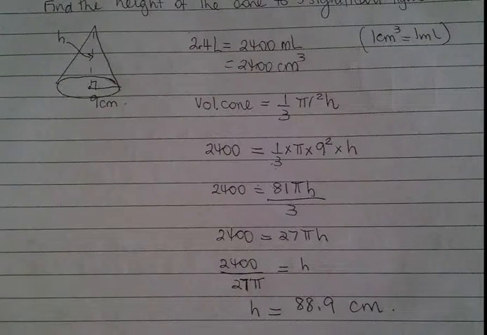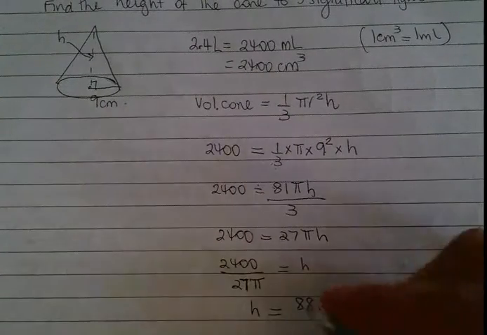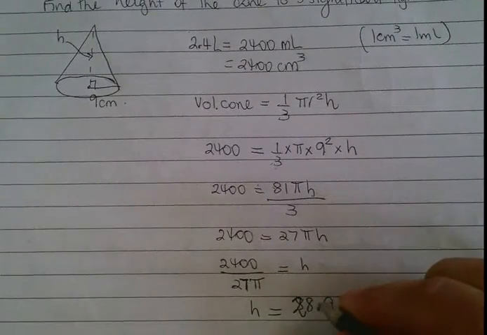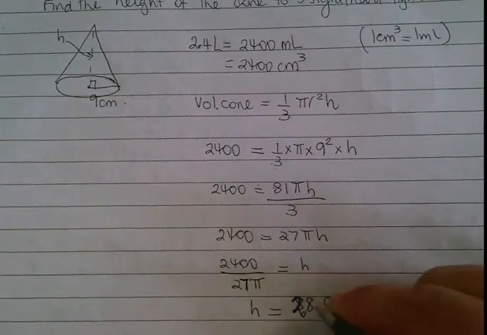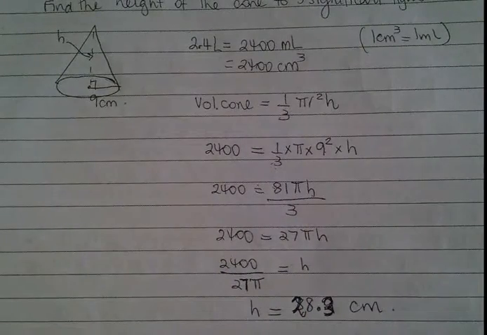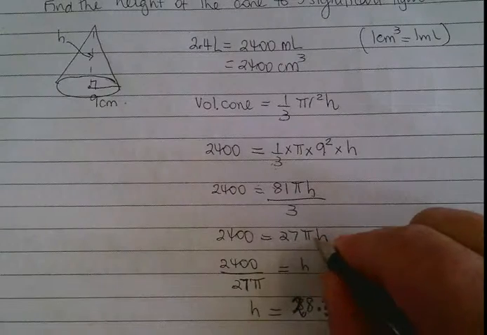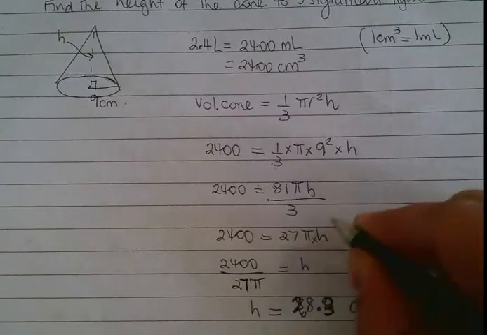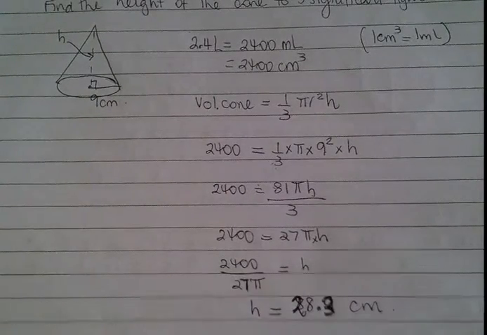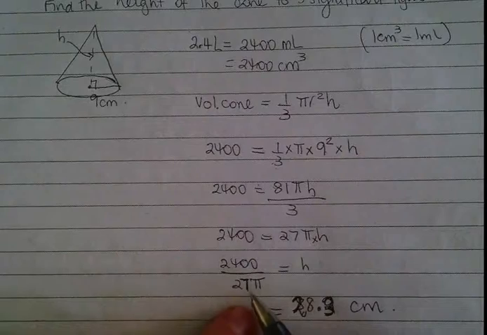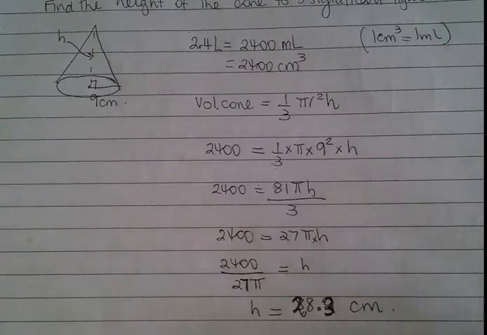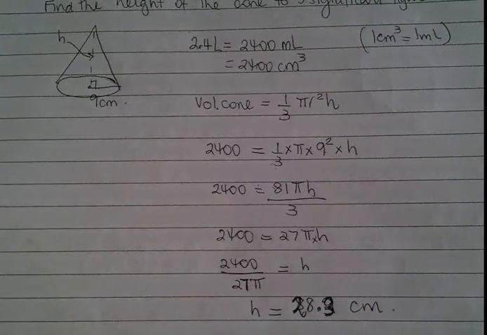That's wrong, isn't it? 28.3. 28.3. 27 pi times h. 27 pi is just a number, so you divide by 27 pi. Do you get that or not? Because you've got to divide by the 27 and pi. So it's 28.3 centimeters.